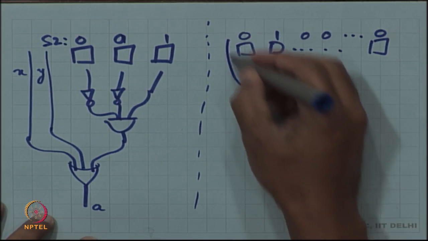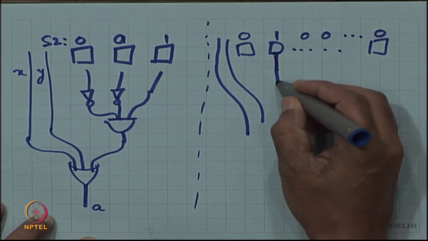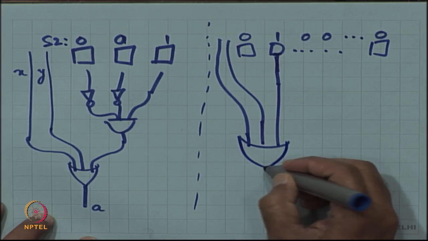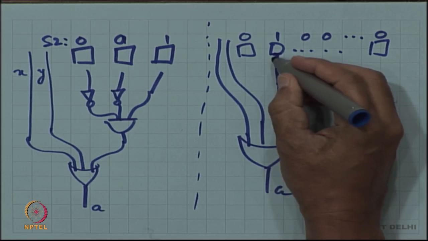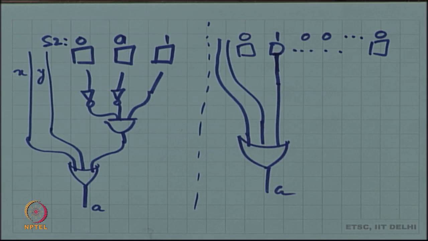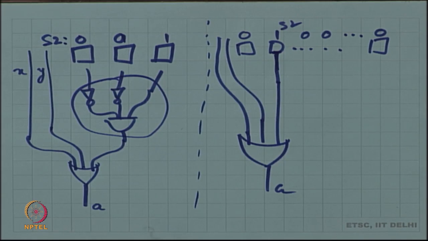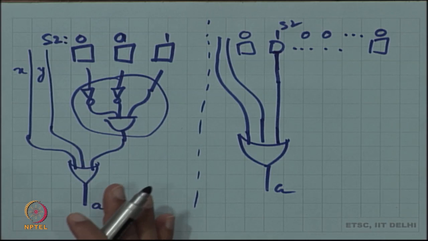X and y are still there, and my logic could be this. Just getting this output tells me that I am in state S2. That is nice. This whole of this logic was avoided. That is the decoding logic of the state. That was avoided. I directly got this, and except the rest of it still remains the same.